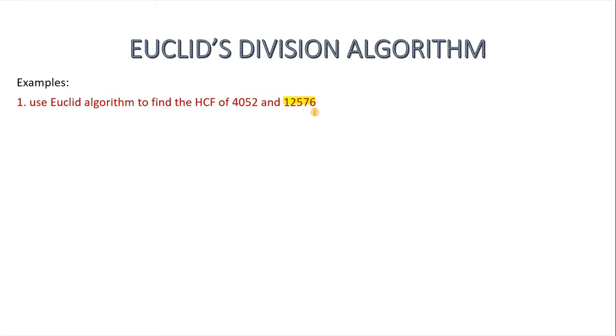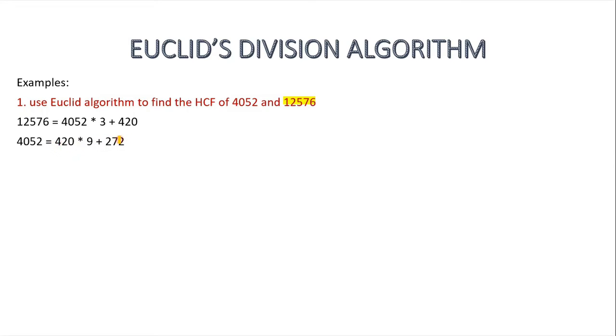That is, I can write 12,576 in terms of 4,052 as 12,576 is equal to 4,052 into 3 plus 420. Again, 4,052 can be written in terms of 420 as 4,052 is equal to 420 into 9 plus 272.